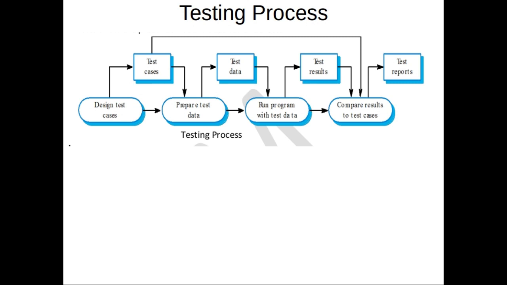So after preparing the test data, the third activity, running the program with test data, is performed, and the test results are collected as the result of running the program with test data. And finally, the results of this test and the real results that are expected are compared, and thus the testing process is performed.